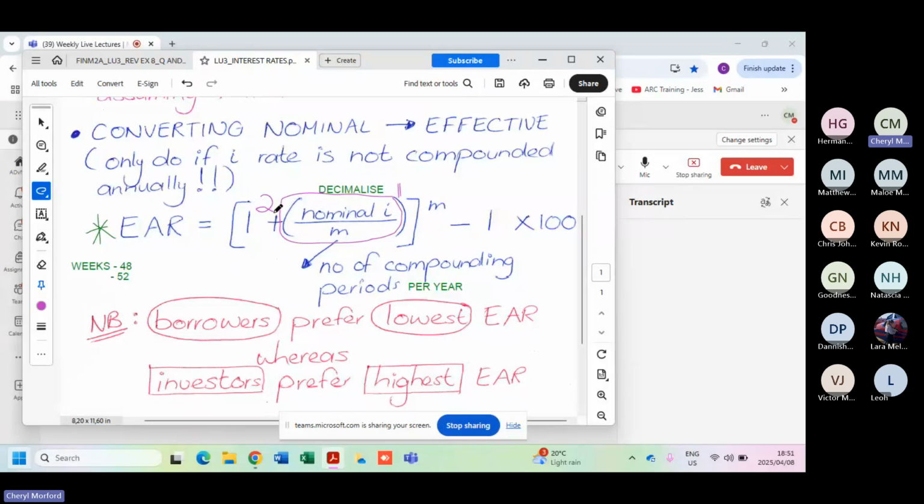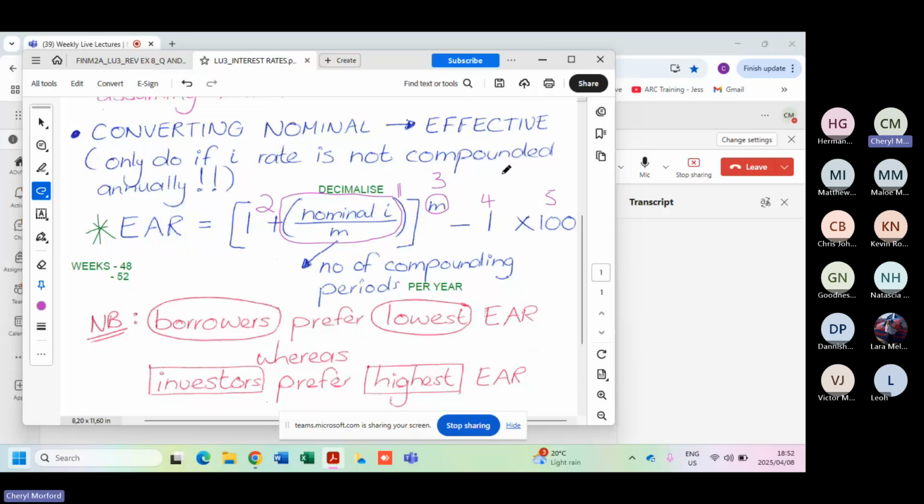That's step 2. Then you see there's a big square bracket around the whole thing. The next step on your calculator is to take the answer you had and raise it to the power of M. Lastly, you're going to subtract 1 from your answer. And finally, you're going to multiply it by 100, and that will turn it into a percent.